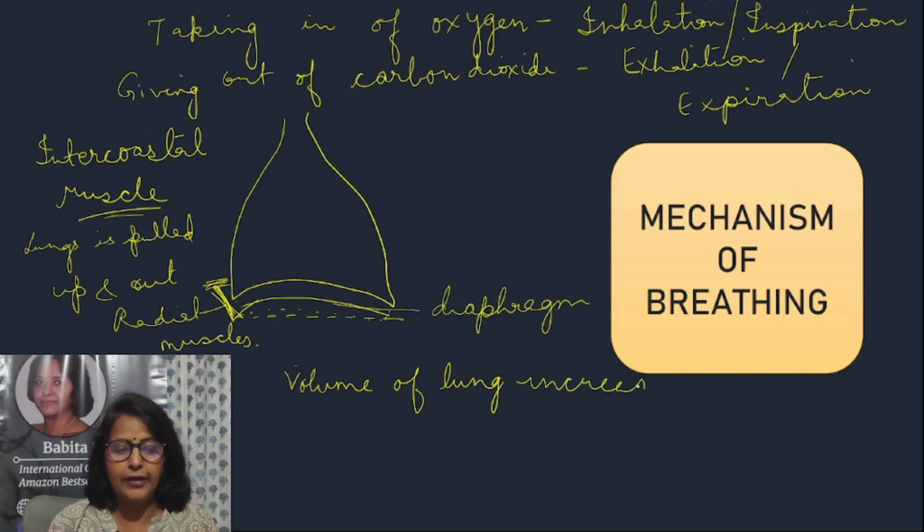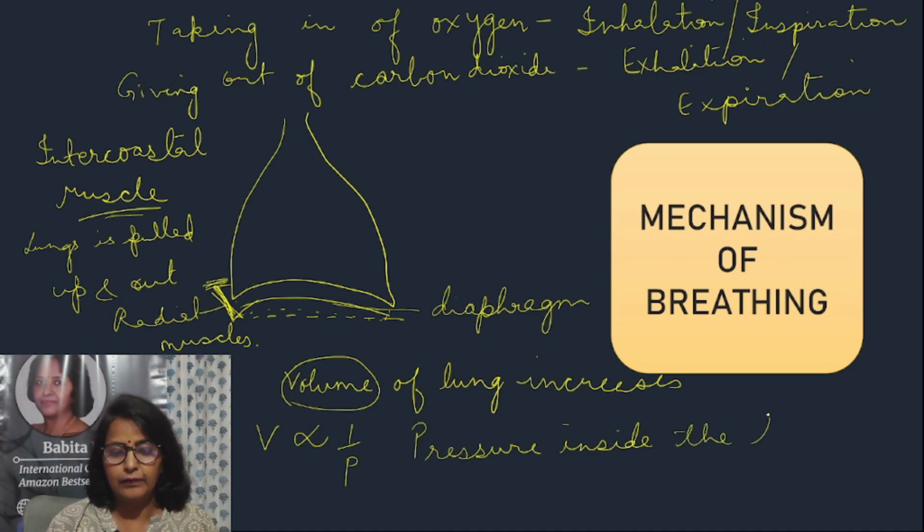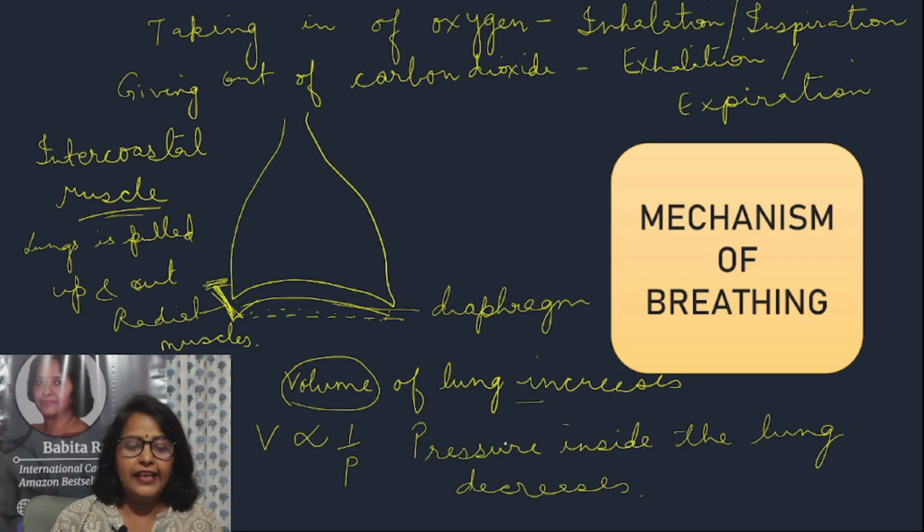If you remember, volume is inversely proportional to pressure. So if volume increases, pressure will decrease. So pressure inside the lung decreases. So what will happen because of this? Volume of lung is increasing and pressure inside the lung is decreasing.